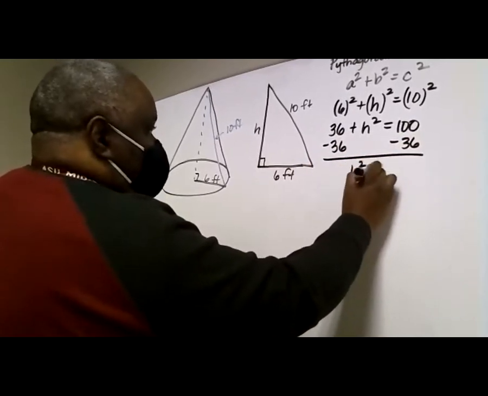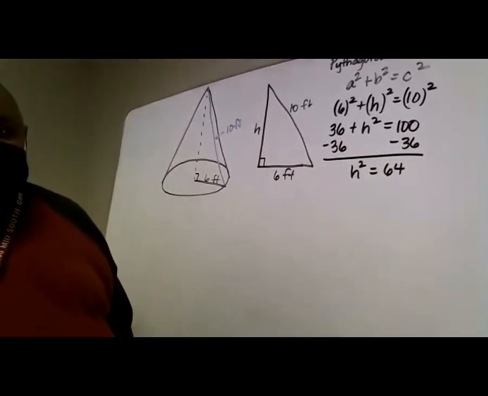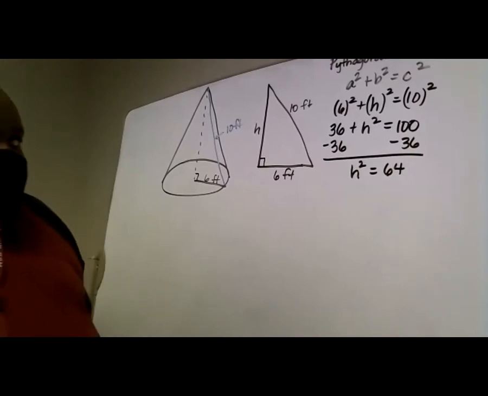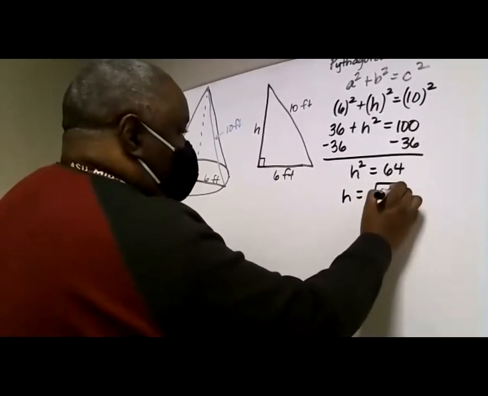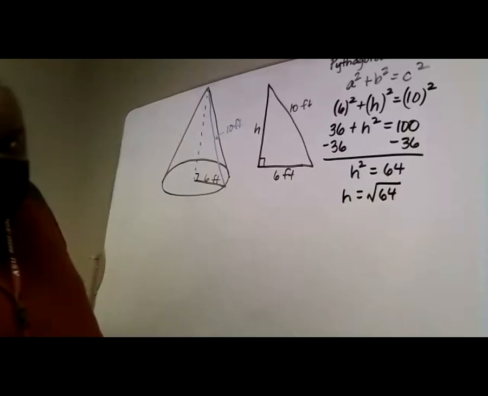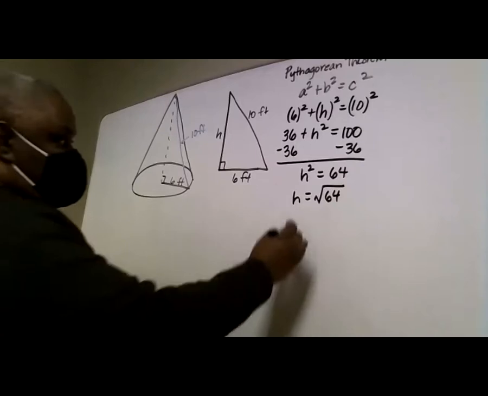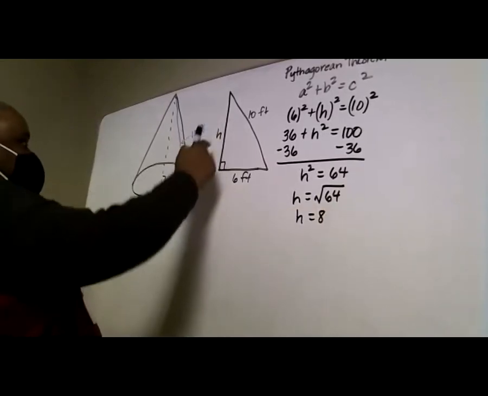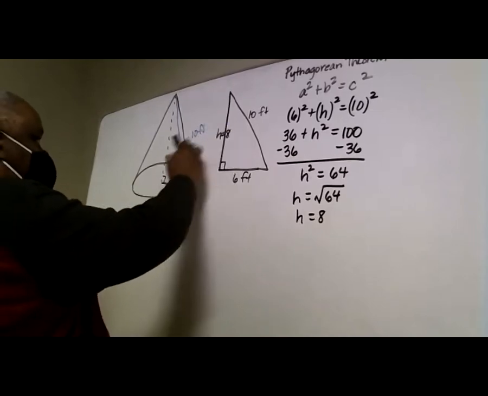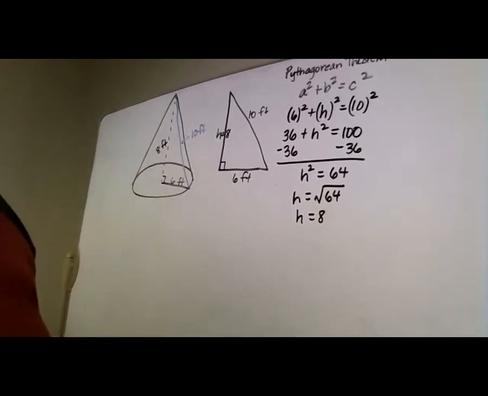That means h squared is 64. The opposite of squaring something is to take the square root of that number. The square root of 64 is 8. So the height that I was looking for here is 8 feet.